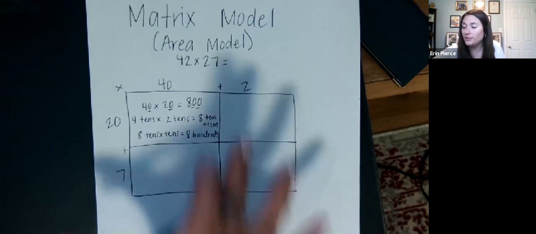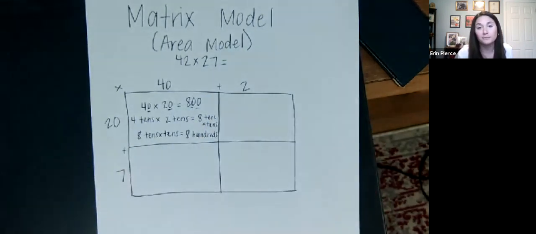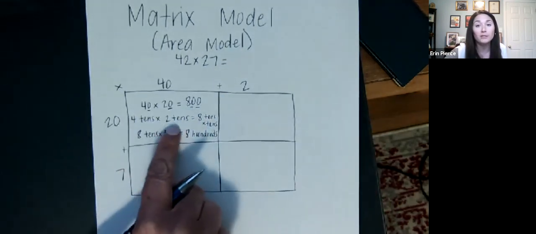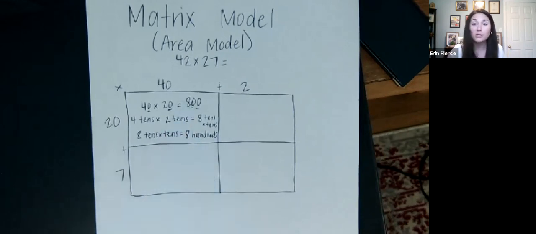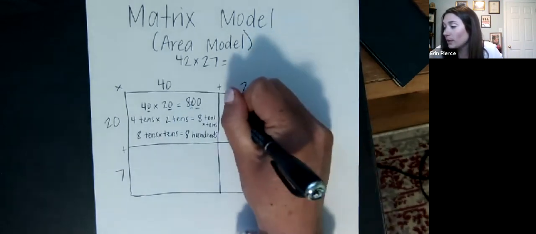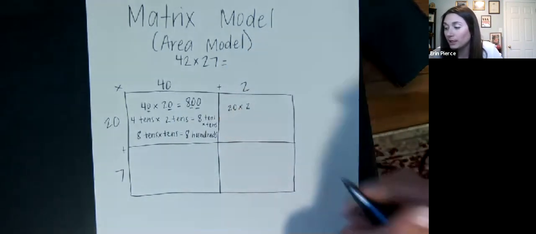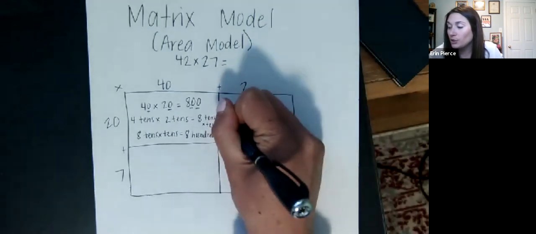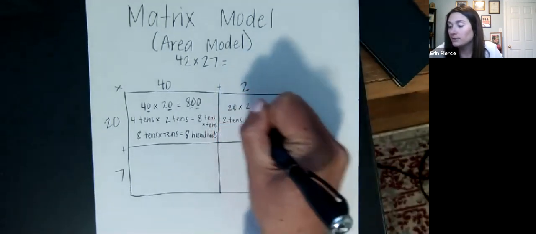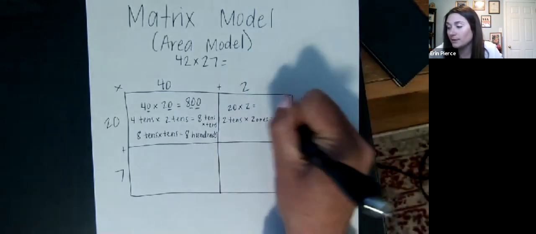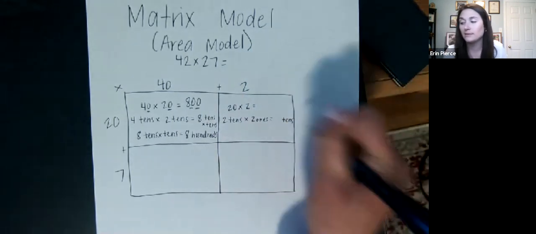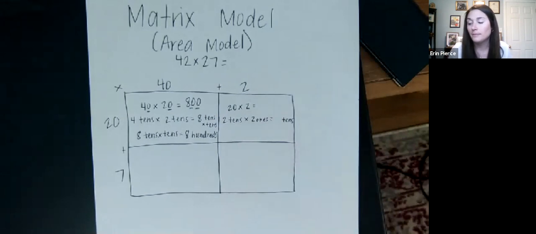So then maybe I move to this second box. That's probably the hardest box because we have 40 times 20. Now we're just doing 20 times 2, which is really 2 tens times 2 ones. And in the end, my answer is going to be in tens. 2 times 1.